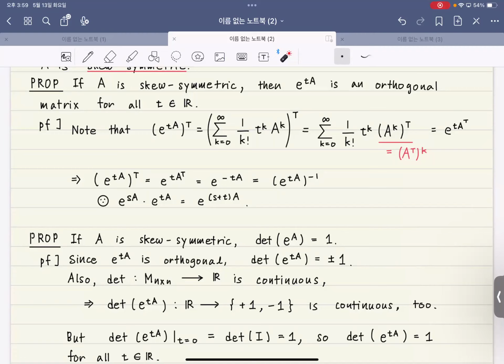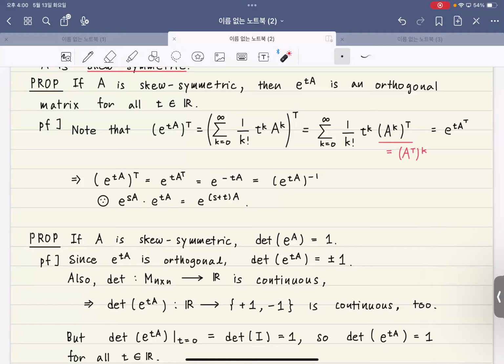So this is actually the same as the Euclidean space of dimension n squared, and determinant is actually a polynomial defined on this space, right? So it must be continuous.